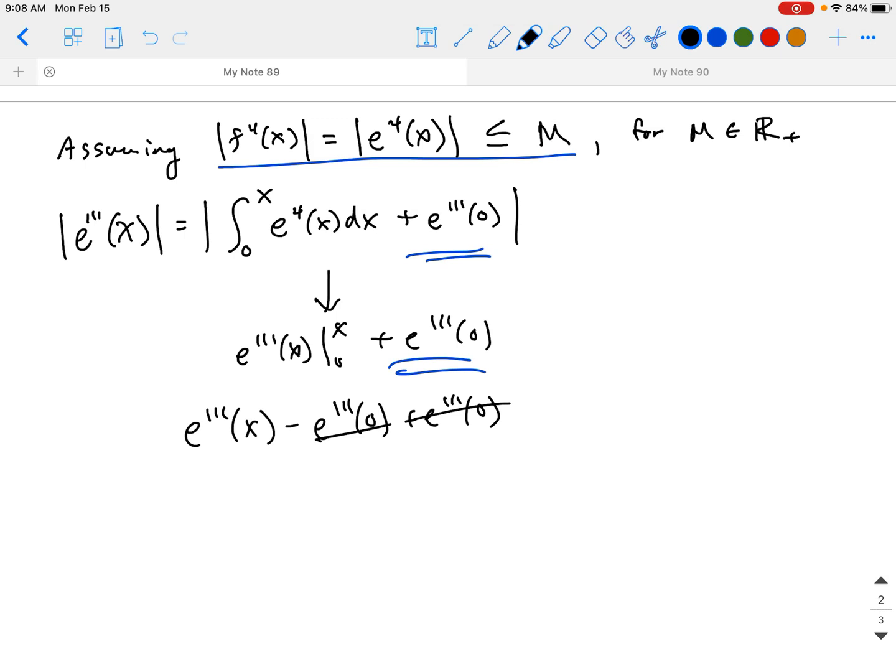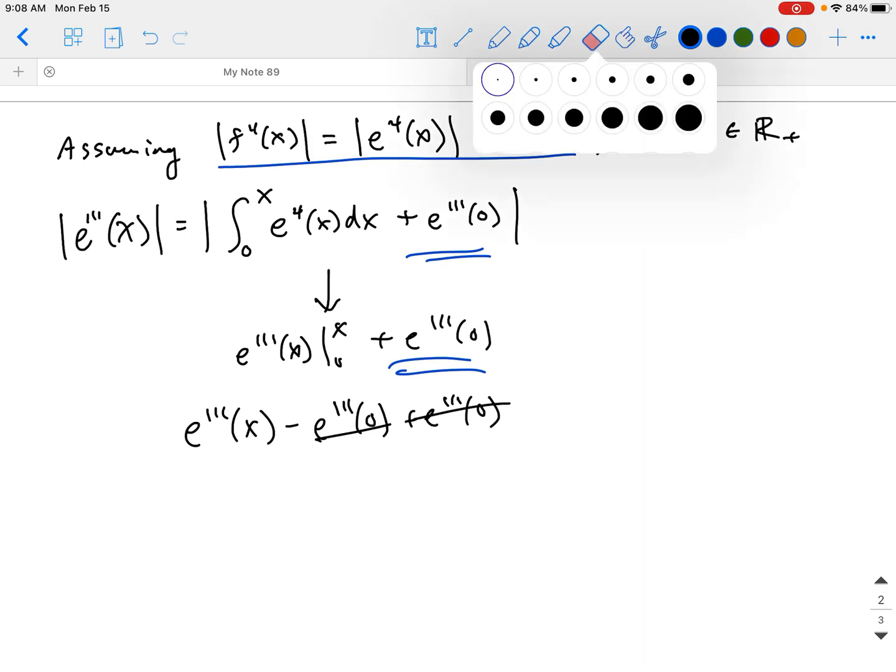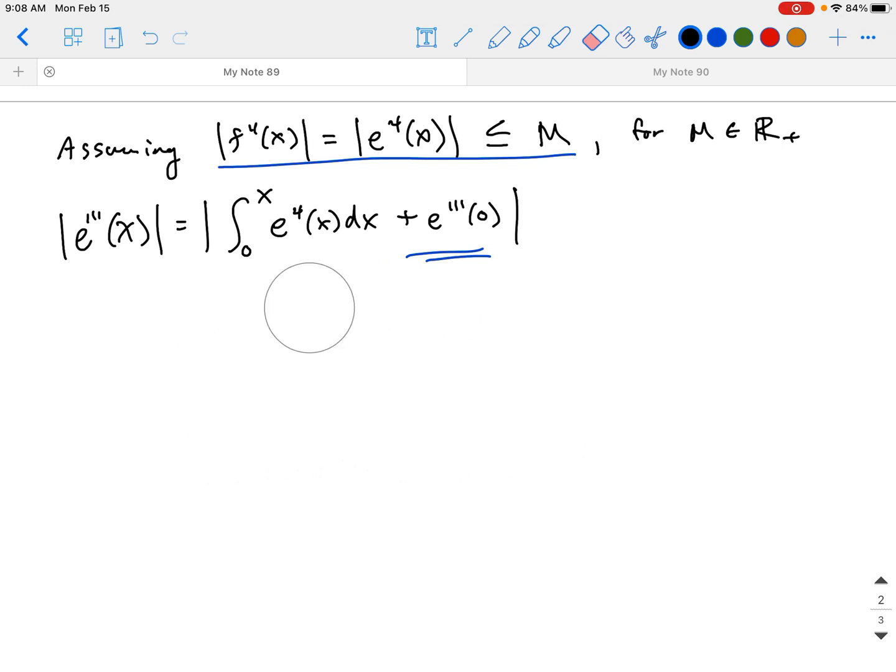Now we're just rewriting this with integral notation to get something that allows us to work back to e of x. That expression inside, if we evaluate it, is equal to the third derivative of e at x.